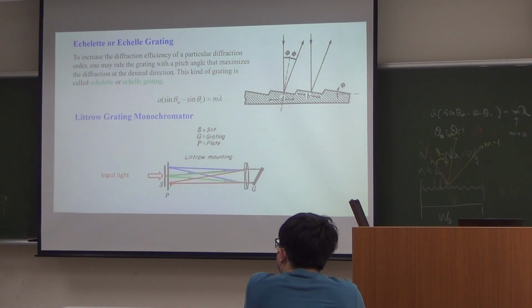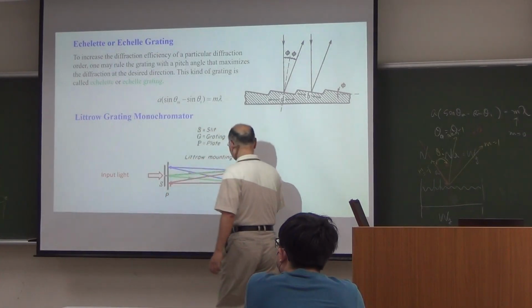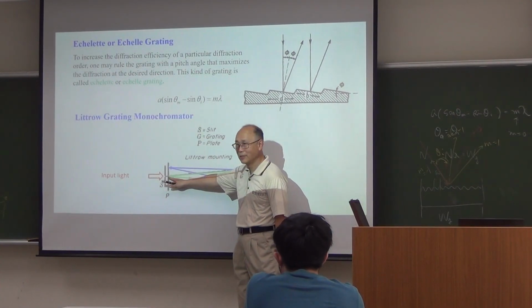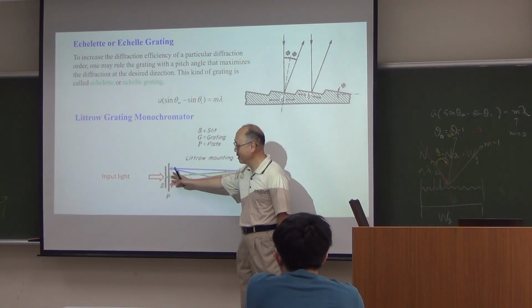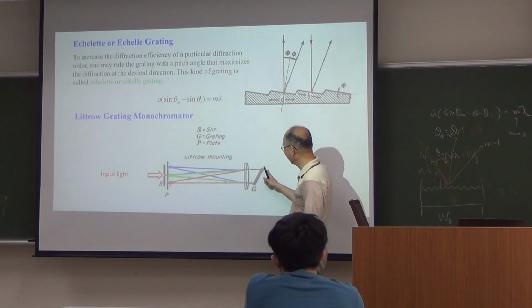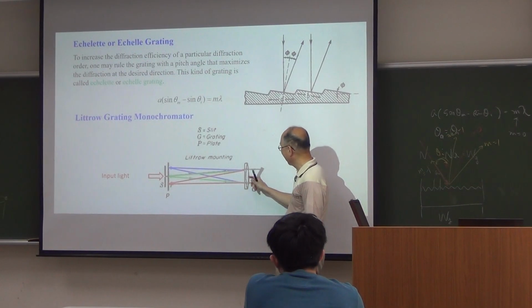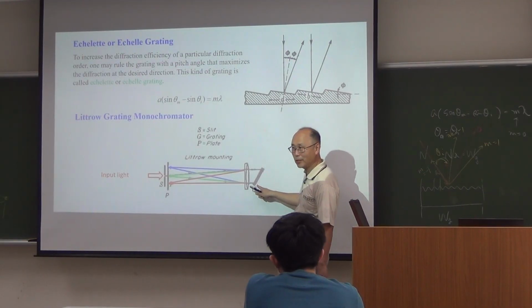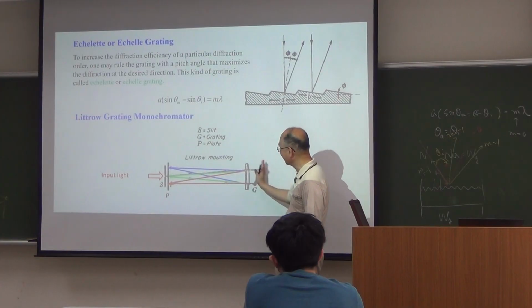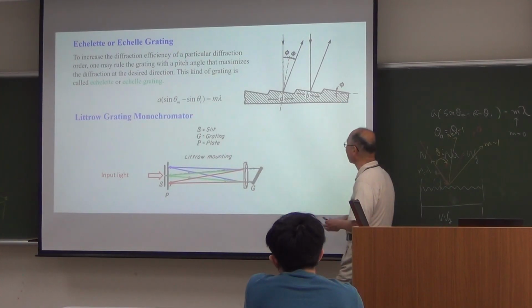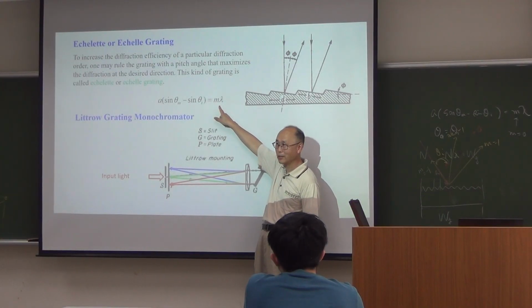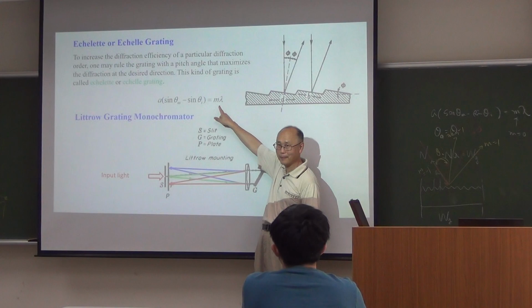Same thing, you see a lens right here. You have a source far away, and then it goes through this grating. This is a plane wave coming down to this grating, and the diffraction of the grating is governed by this formula, and this formula is a plane wave formula. Do you agree? This comes from a plane wave.